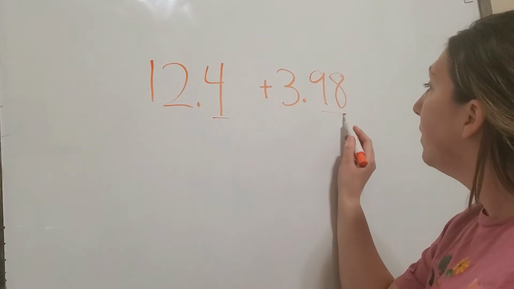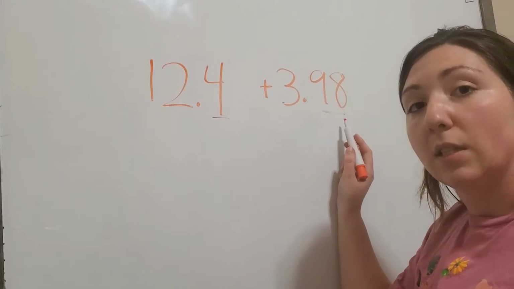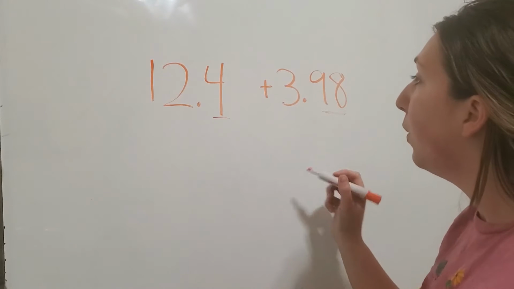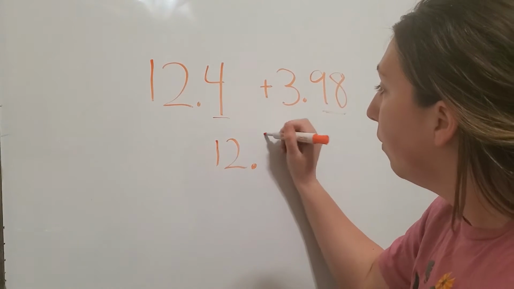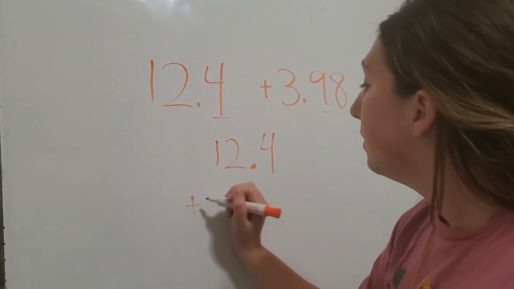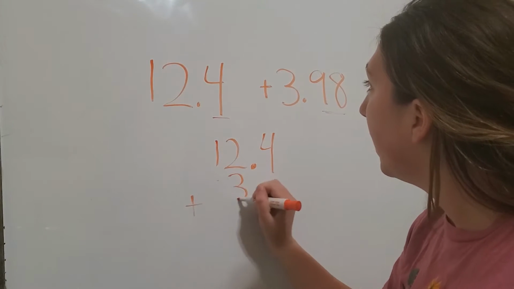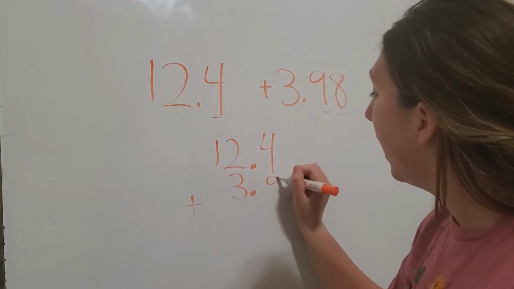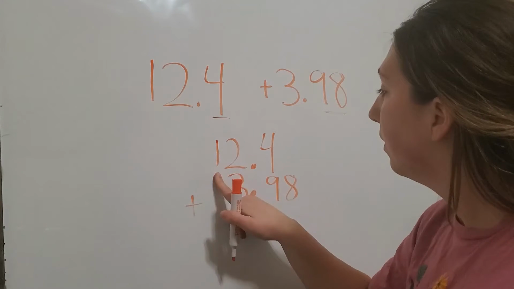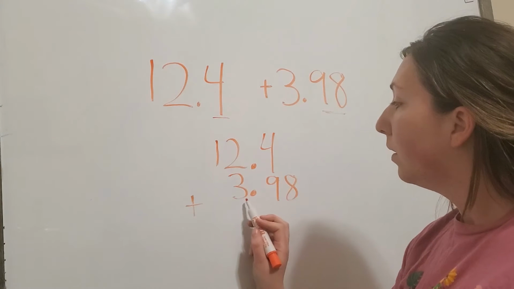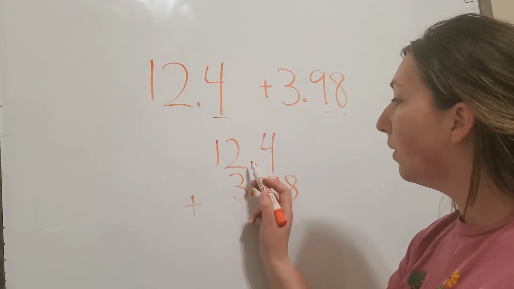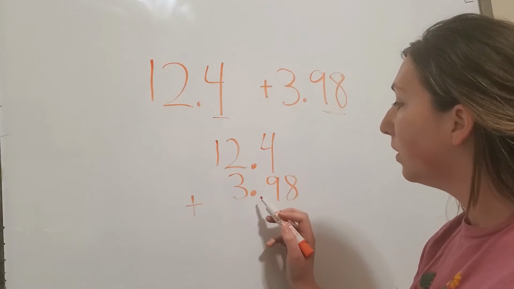And right here, we have a decimal with the hundredths place. So when we stack these on top of each other, 12.4 plus 3.98. See right here, I have my decimal lined up. My whole number lines up with that whole number in front of the decimal, just like that.